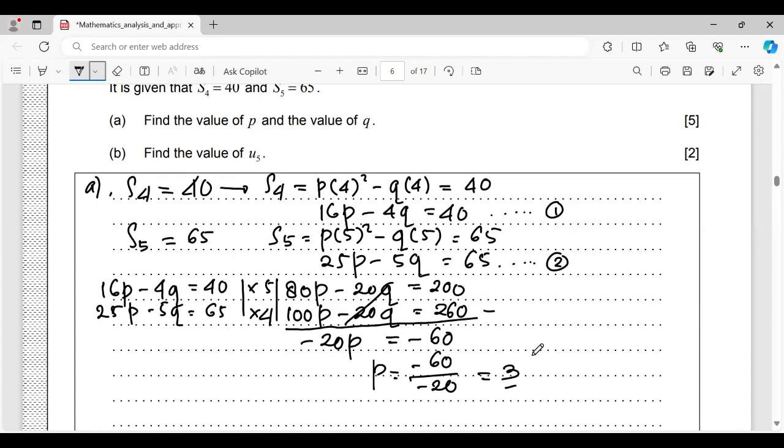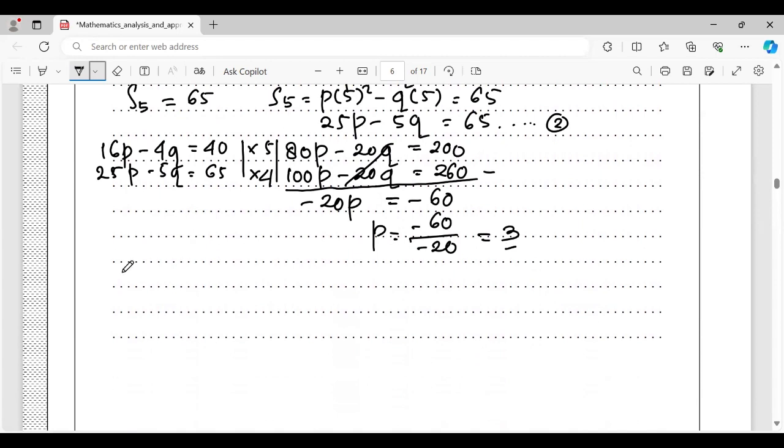So p equals 3. Now we're going to find q. Based on this equation, 16p minus 4q equals 40. So 16 times 3 minus 4q equals 40. 48 minus 4q equals 40.